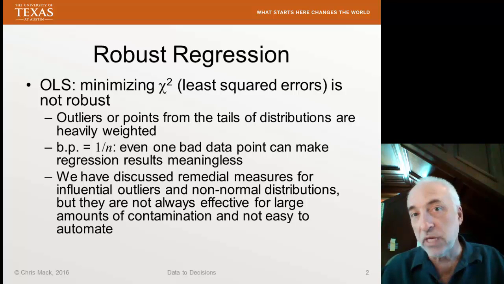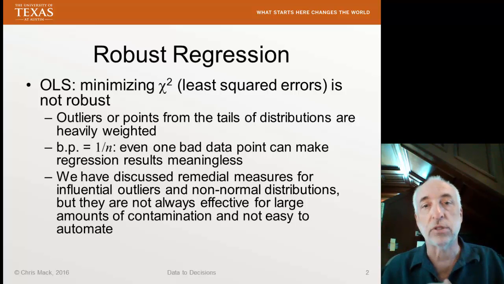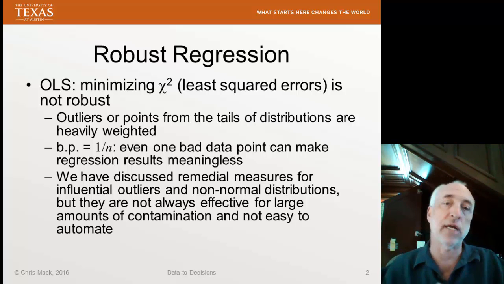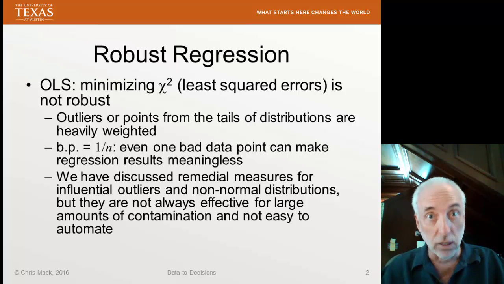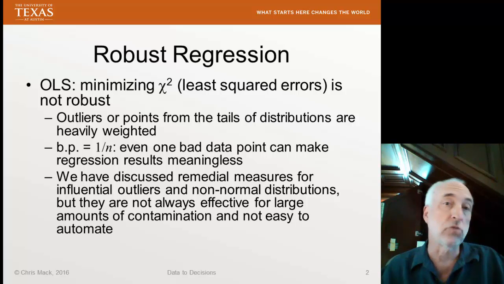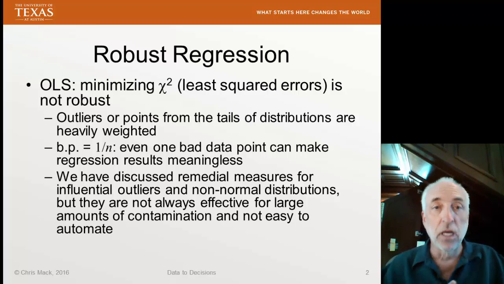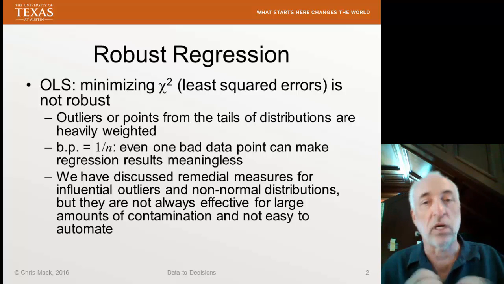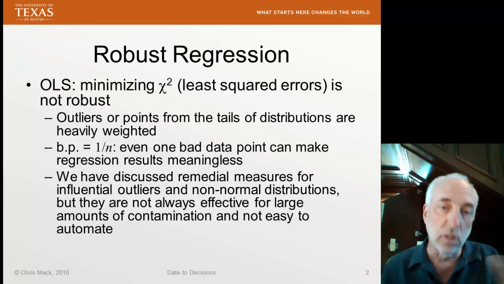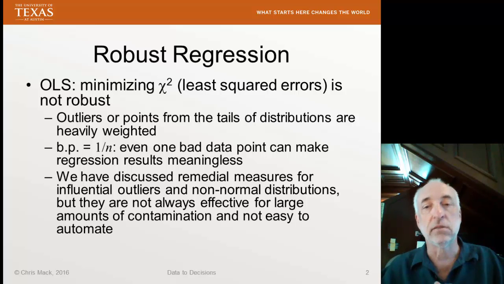We've discussed various remedial measures. If we find an outlier, especially an influential outlier, or if we discover that we have non-normal distributions of our residuals, there are things we can do about that. They tend to work okay when we only have a couple of data points or only slightly non-normal distributions.